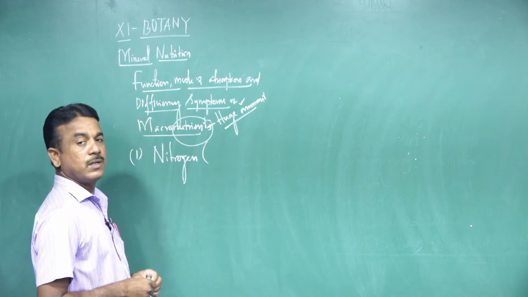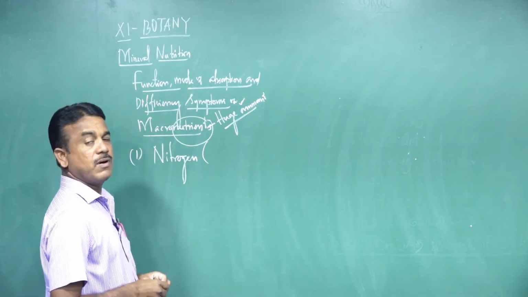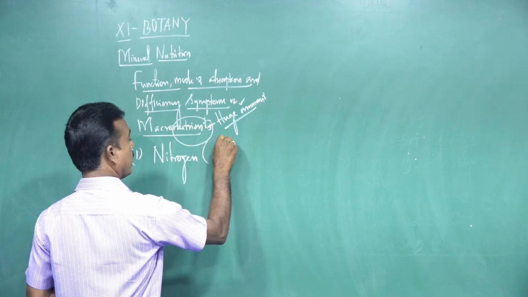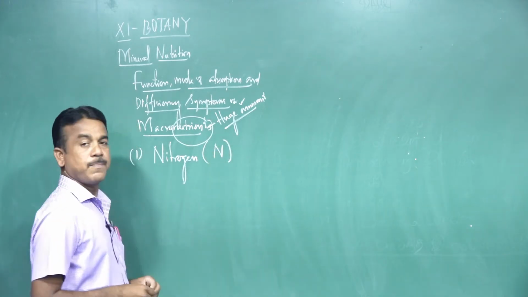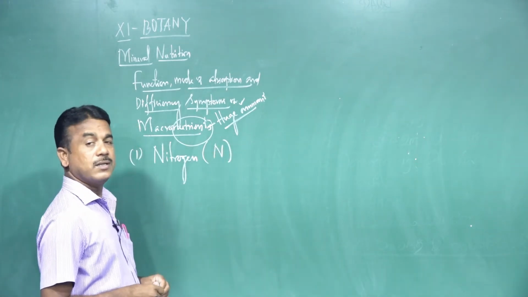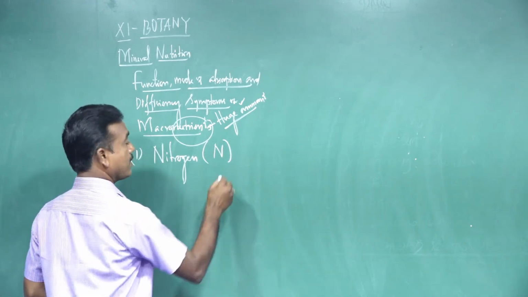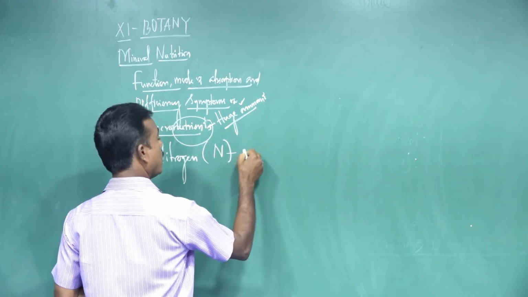The chemical symbol of nitrogen is N. Nitrogen is required by plants in the greatest amount.